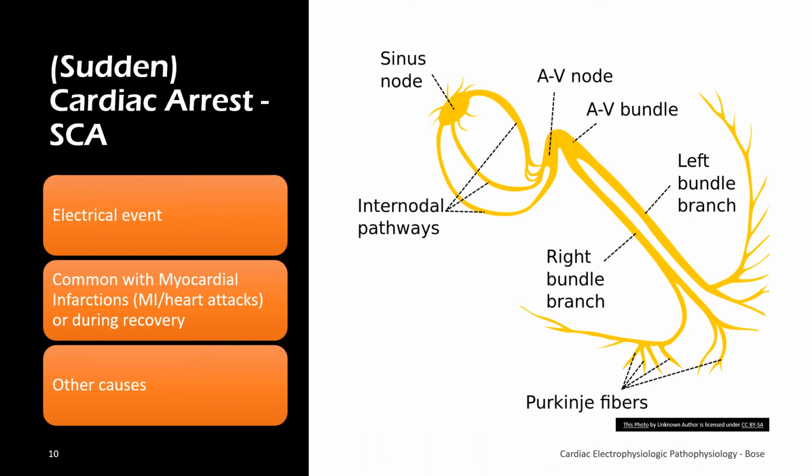It is common to see it after myocardial infarctions or during the 24 to 48-hour recovery period after a myocardial infarction. There are other causes, but this is the most common. These other causes are heart failure and long QT syndrome, among others.